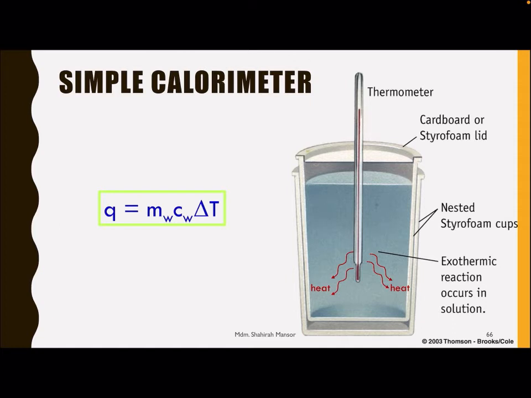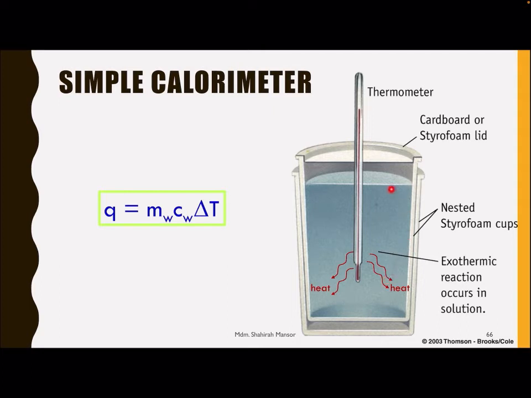As for the simple calorimeter, we will use the simple calorimeter in order to study the enthalpy of neutralization. So after we mix both acid and base into the styrofoam cup, a reaction will occur between those two. When the reaction occurs, it will release a certain amount of energy to the surrounding. So the surrounding in this case will be the solution.